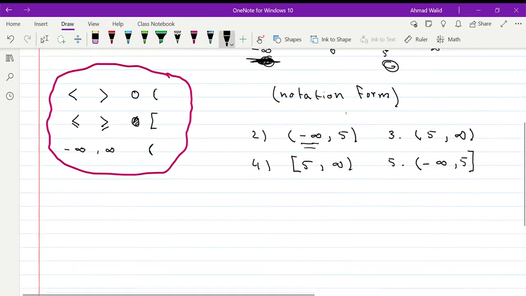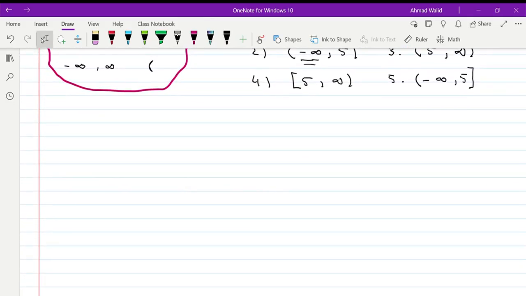Now, let me put a sentence here for you. When you are dealing with equations, remember this, make a note. When we are solving an equation, we have exact answers. For example, if I solve this linear equation, x plus 1 equals 6, I subtract 1 from both sides, correct?